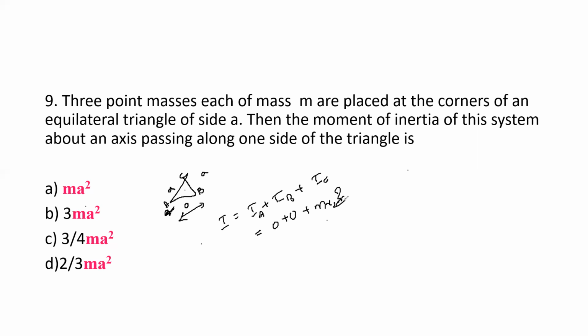Why? Because here we can take the height of the triangle. Due to IA it is 0, IB also it is 0, and due to IC it is given by m x square.